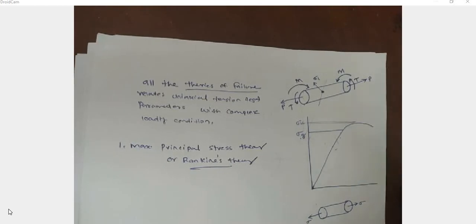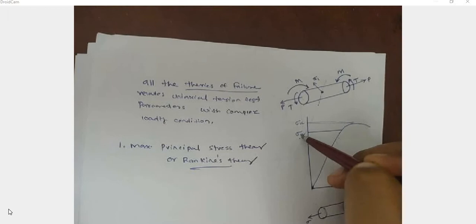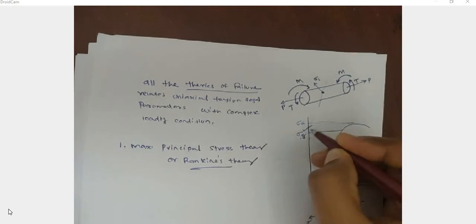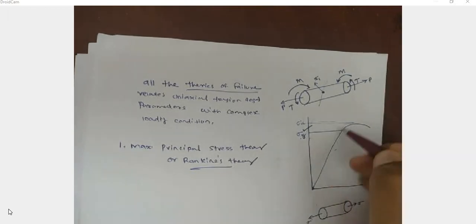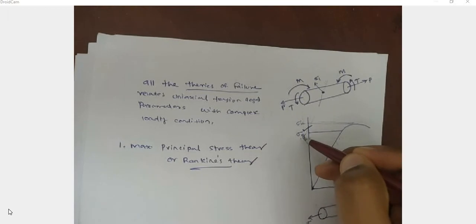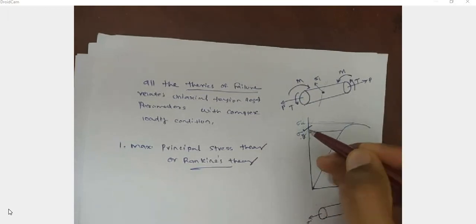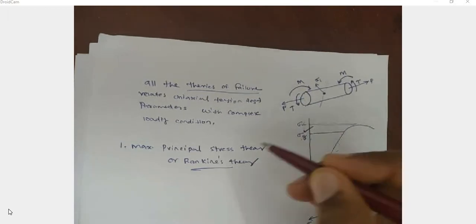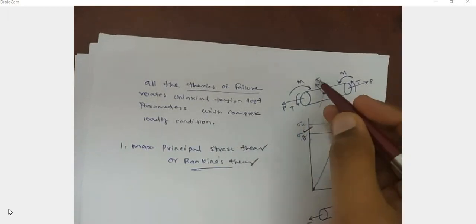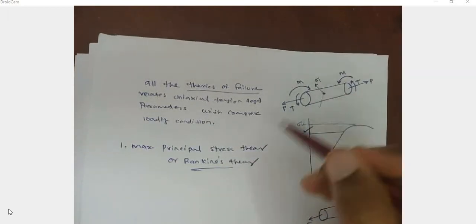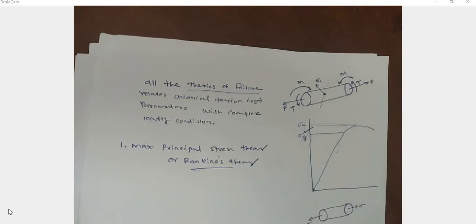So we calculate sigma 1 based on the sigma y value. This is a known value. After conducting the tension test and drawing the stress strain diagram, we can calculate the sigma y value. From the sigma y value, we can calculate sigma 1 using this theory, the maximum principal stress theory. So that is the theory.